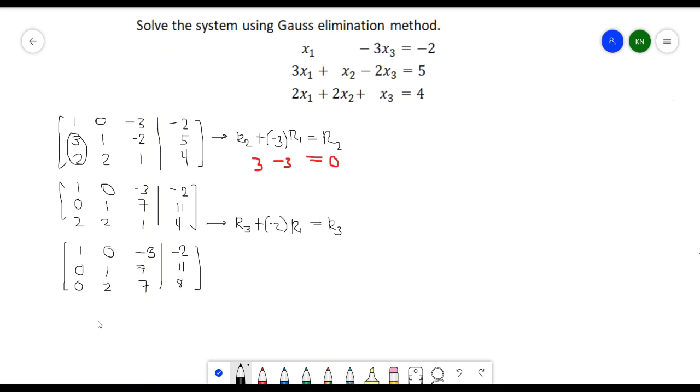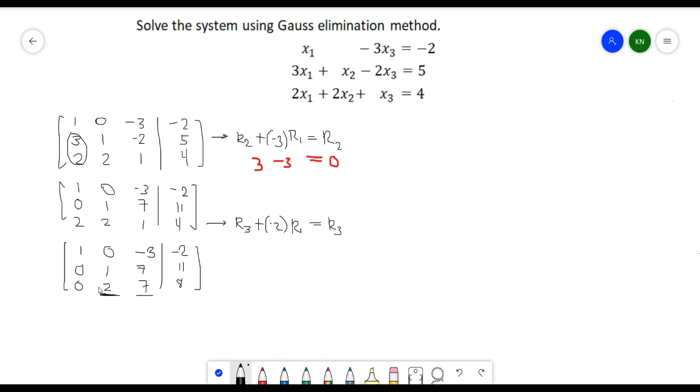The next process is to have this one zeroed as well, and we also need this one to be 1 since it is part of our diagonal elements. So the next step is to create a process to have this 0 first.